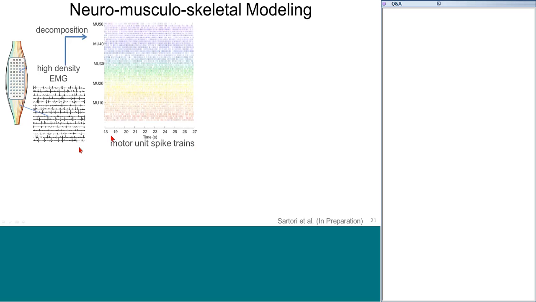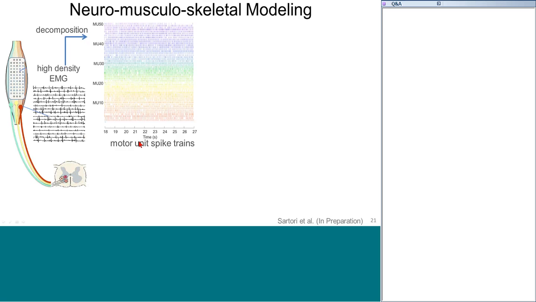So this gives us a spike train for each motor unit, which basically reflects the activations of pools of motor neurons in the spinal cord, which innervate multiple motor units in a specific muscle.